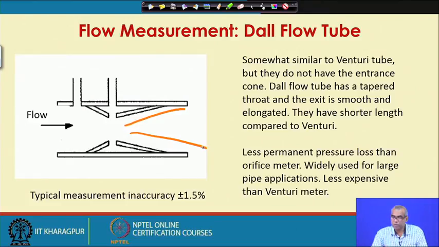There is less permanent pressure drop compared to the orifice meter. It is widely used for large pipe applications, and it is of course less expensive than the venturi meter. So, this is somewhat similar to the venturi tube, but much simpler and less expensive. The typical measurement inaccuracy is plus minus 1.5%, whereas for the venturi meter the inaccuracy is about plus minus 0.5%.